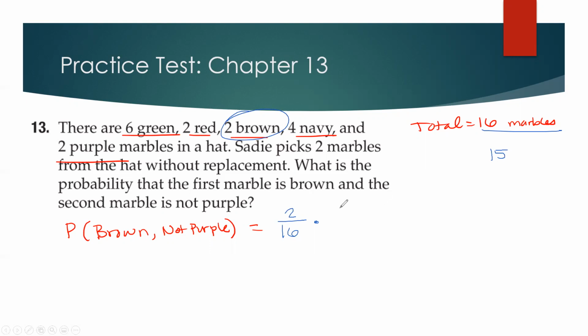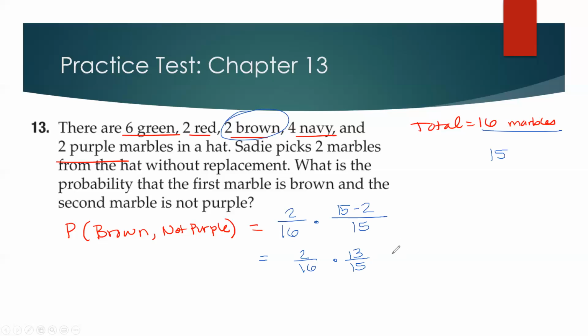So we would do 15 minus 2 over 15, because now there are only 15 marbles left. So we had to find how many non-purple marbles there were. 1 has been pulled out, so now there are only 15 marbles. 2 of those marbles are purple, so we would subtract 2, and that would be 13. And now there are only 15 marbles because they already took out 1 brown marble.